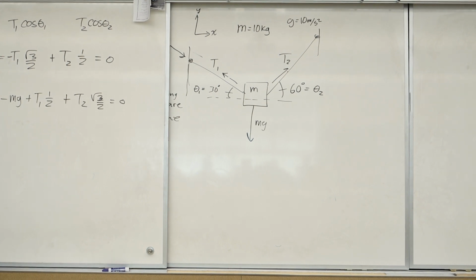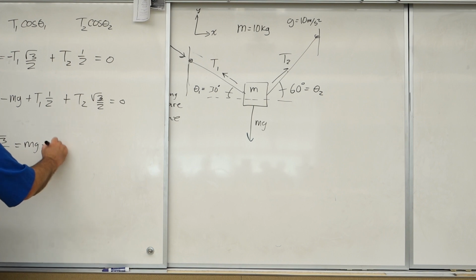Okay. So now let's solve. What's the easiest way to solve? Let's solve for T2 so we can eliminate T2. Bring all this other stuff to the other side: mg minus T1 1/2.